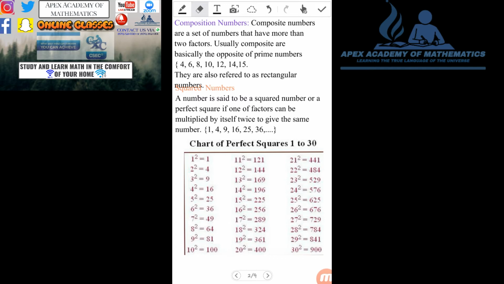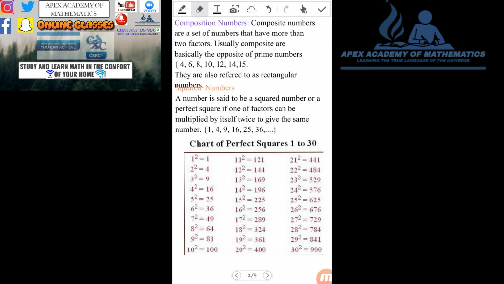Especially at the fundamental level, they are just ignored. But I'm here to enlighten you about certain other concepts that you might never have known about. So composite numbers are a set of numbers that have more than 2 factors. Now when you read that, that sounds like the opposite of something. Yes, composite.